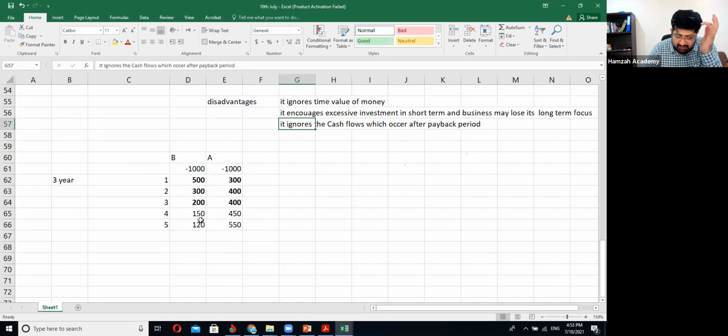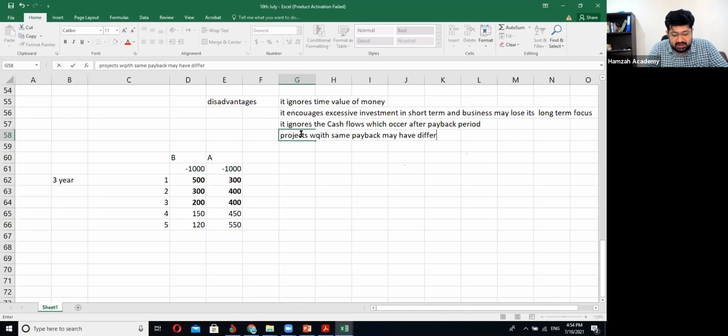What is happening after the payback period? You see, it is ignoring that. And it ignores the pattern: projects with the same payback may have different patterns of cash flow.